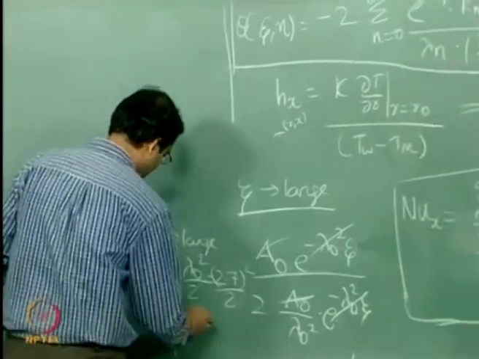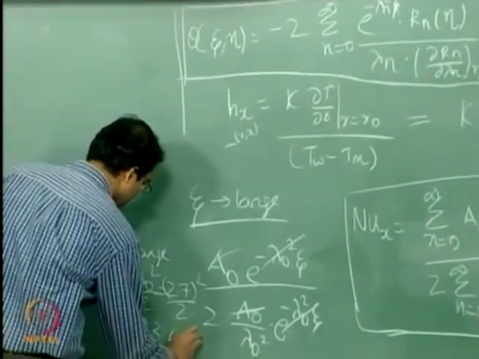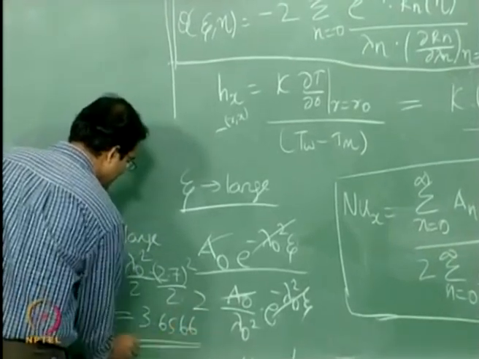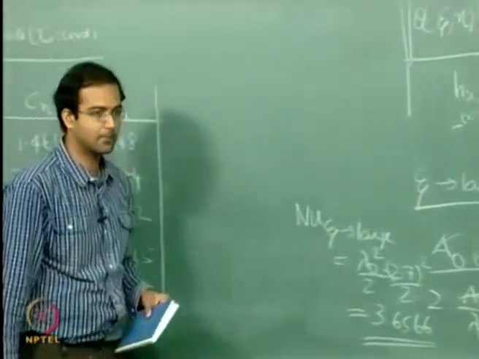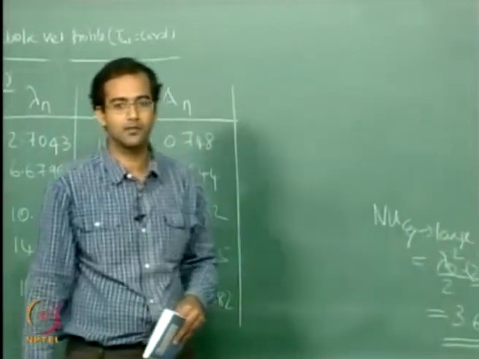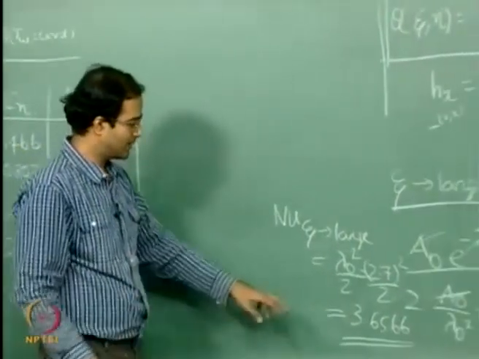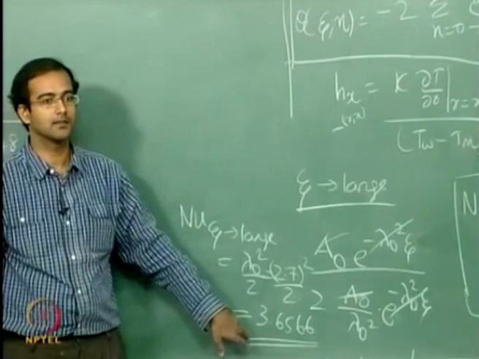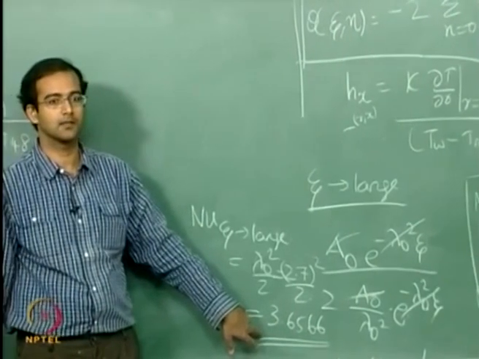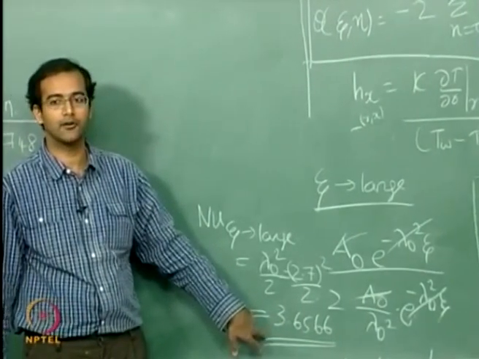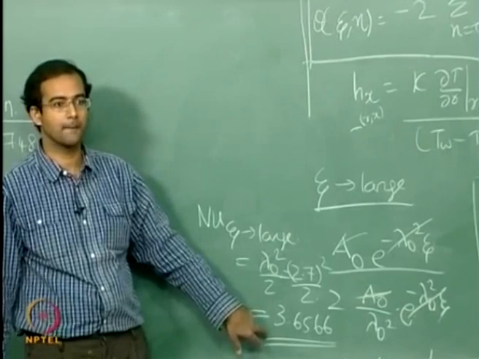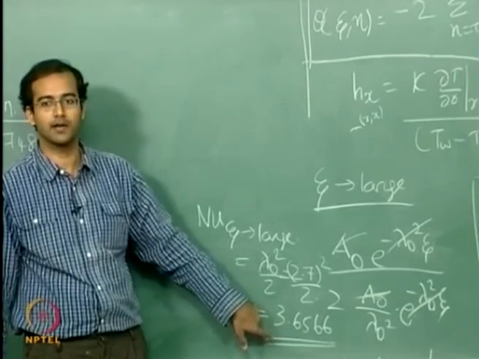It is 3.6566. So does anybody remember the significance of this number? This is for the case of fully developed flow, both thermally and hydrodynamically fully developed region, with a constant wall temperature boundary condition.